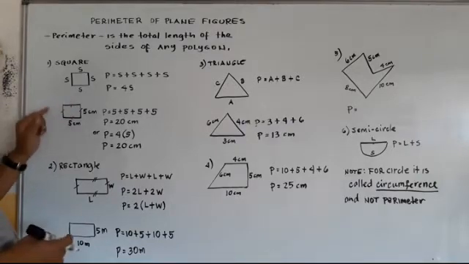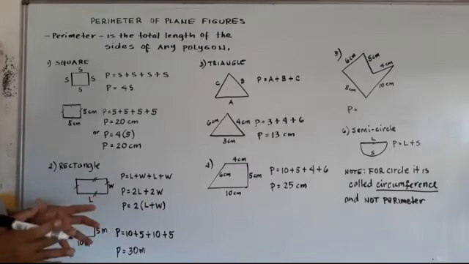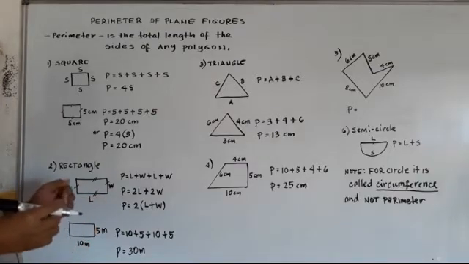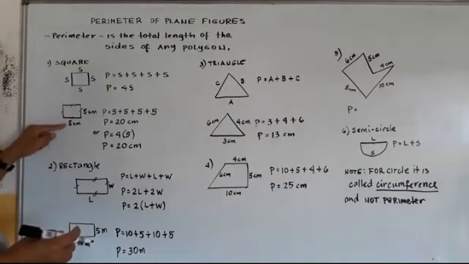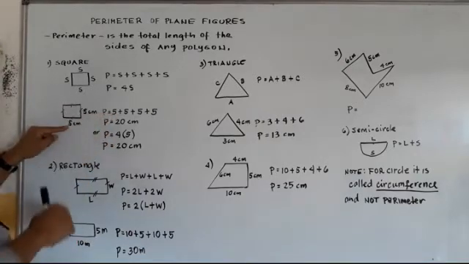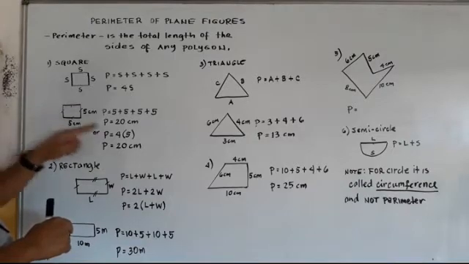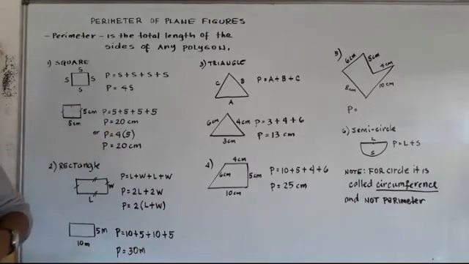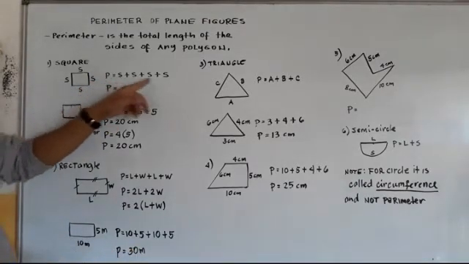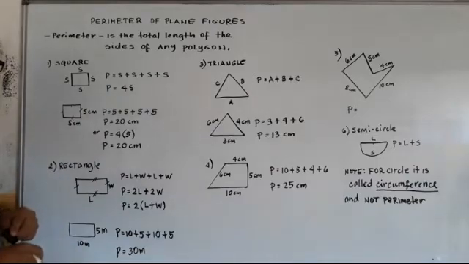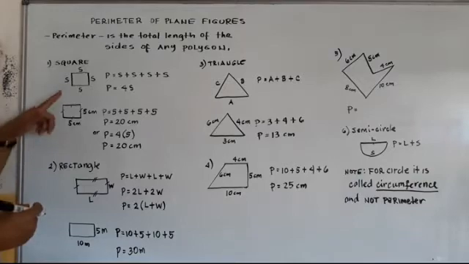So, without knowing the formula for perimeter, we know we are going to add the sides. So for this one, you have 5 plus 5 plus 5 plus 5 will give us 20. This one is only for the sake of algebra because you know how to combine like terms.